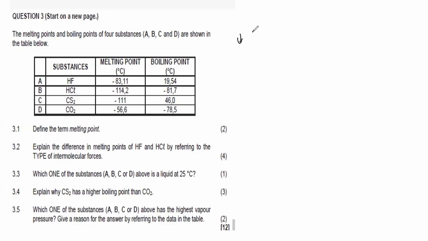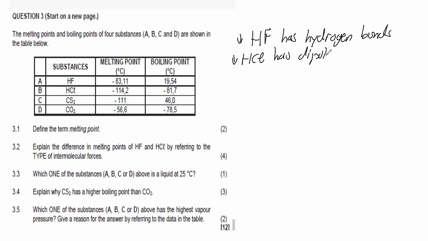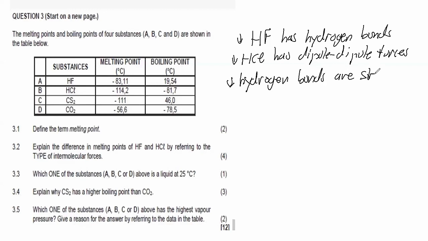So we're going to say HF has hydrogen bonds. And then HCl has dipole forces. And then this is the part where we now compare. So we will say hydrogen bonds are stronger than the dipole forces.